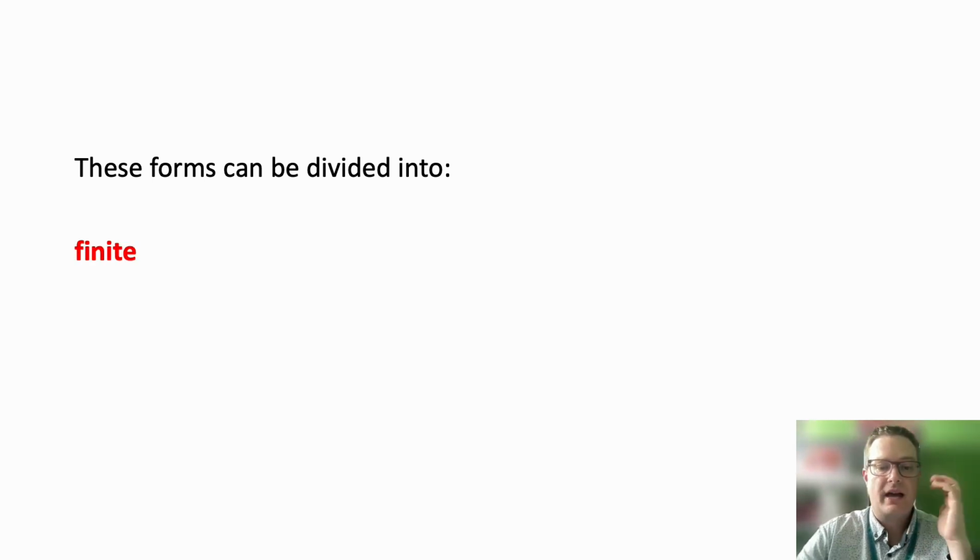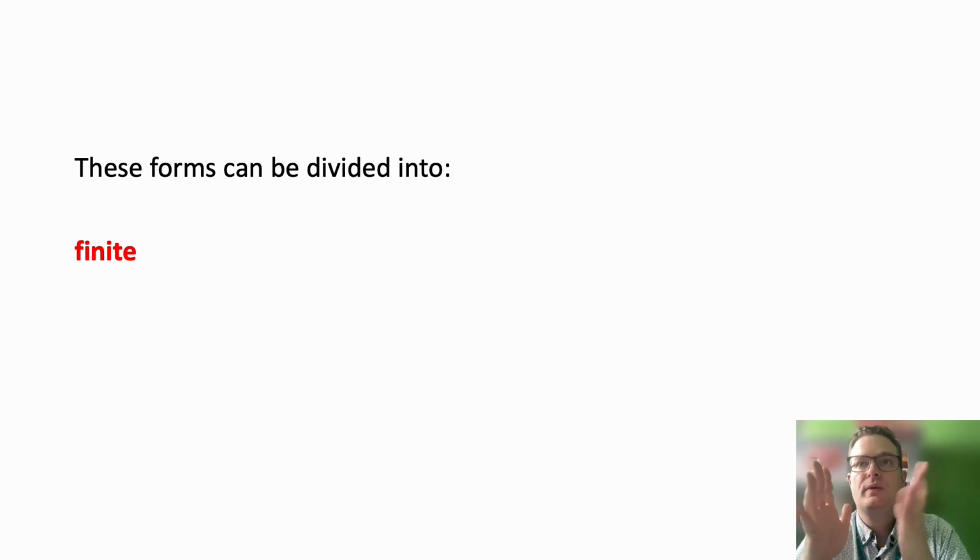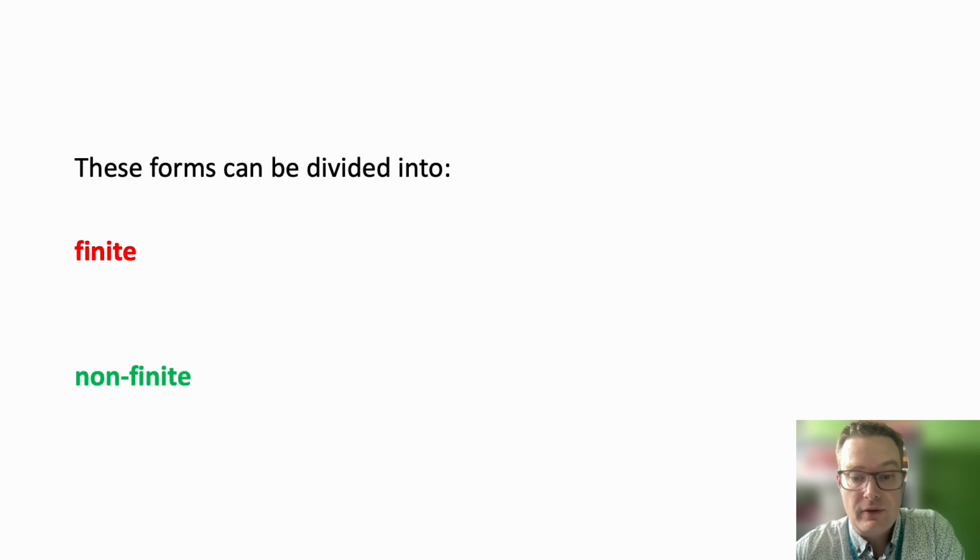Some of these forms are finite, which means they are showing who is doing it and when, so it has a particular point in time that it's existing. Some of the other forms are non-finite, which means they're not specifically saying when they're happening, and they need some other verb, some auxiliary verb, to complete them in a sentence.